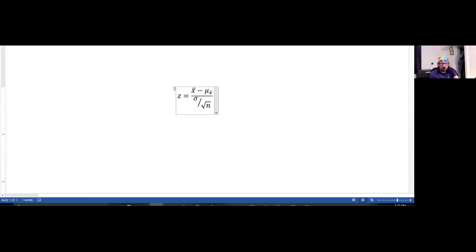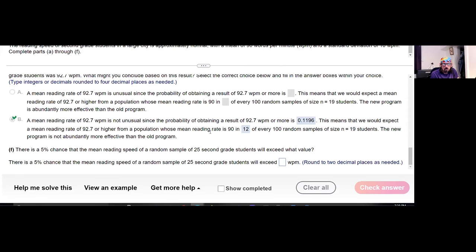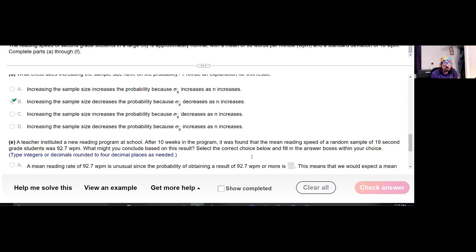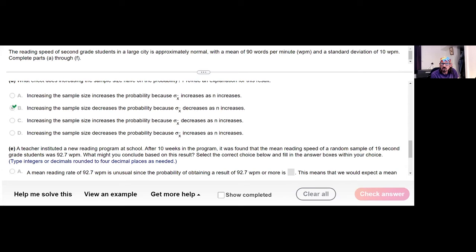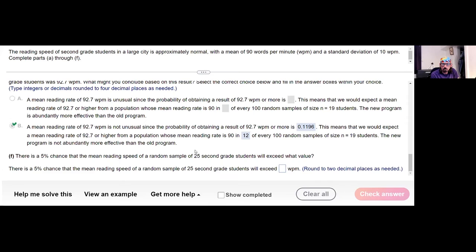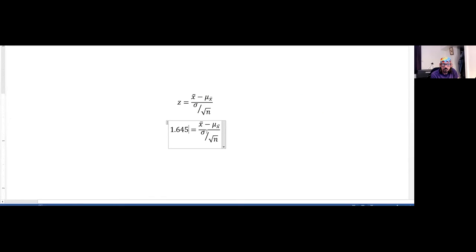We just found for the top 5% that we're going with a z-score of 1.645, our mean was 90 and a standard deviation of 10. But here they're talking about a simple random sample size of 25. So square root of 25 is 5, and 10 divided by 5 is 2.